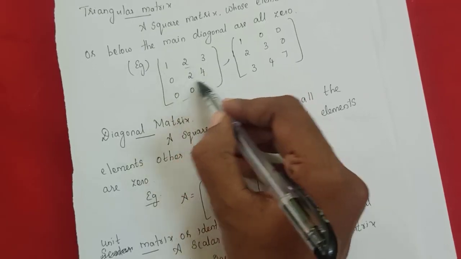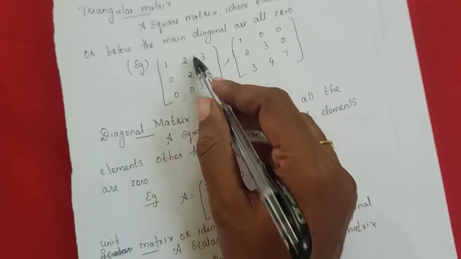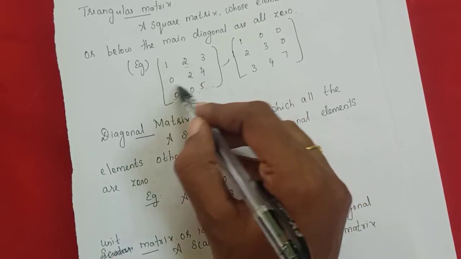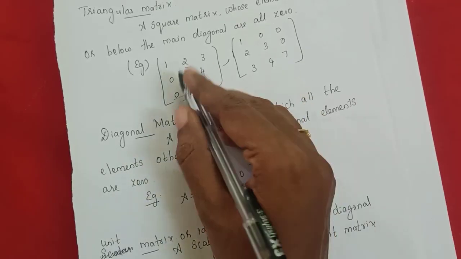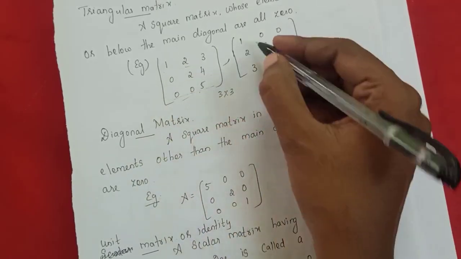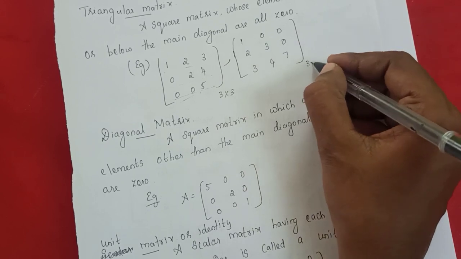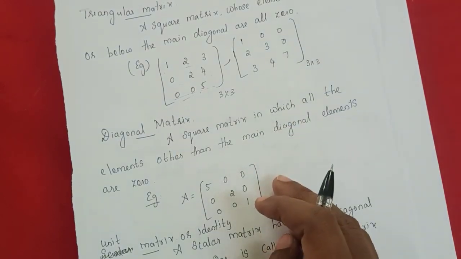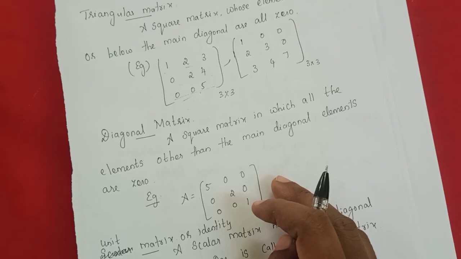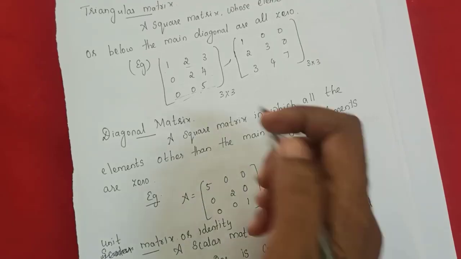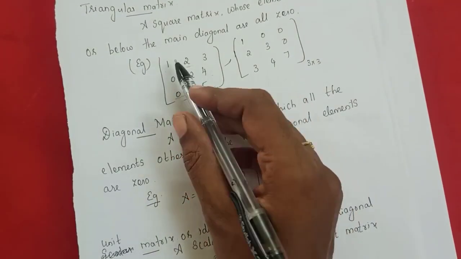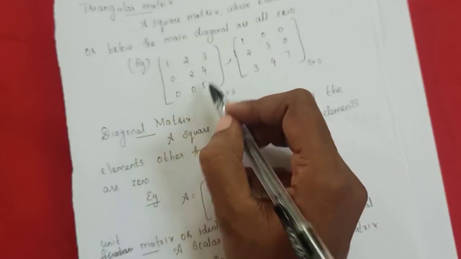The number of rows must be equal to the number of columns. So how many rows are there? 3 rows and 3 columns are there. Same as that, in this matrix also, 3 rows and 3 columns. So whether it's a square matrix?